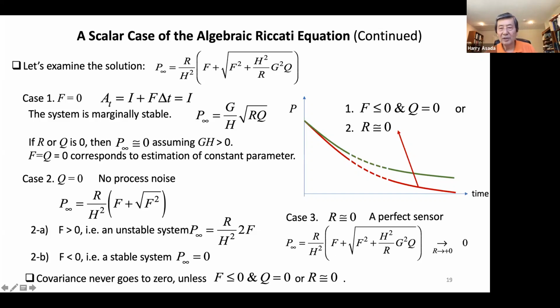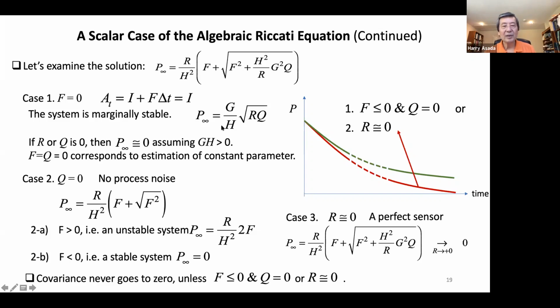So let's look at the special cases. First is the state transition matrix, now the scalar F is 0. If F equals 0, A(t) equals the identity matrix, and this collapses to this simple equation.